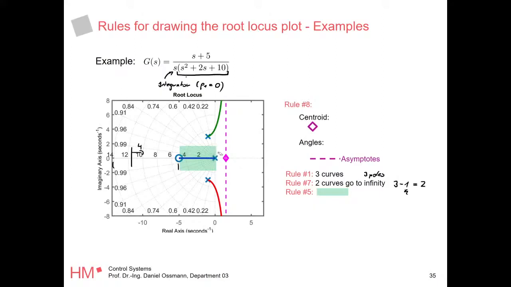Let's compute the centroid here. I think we call it sigma, right? So the first pole is at 0, so no contribution here. And then again, this conjugate complex pole pair, we know that the complex part cancels out. And then we have +5, -5, right?